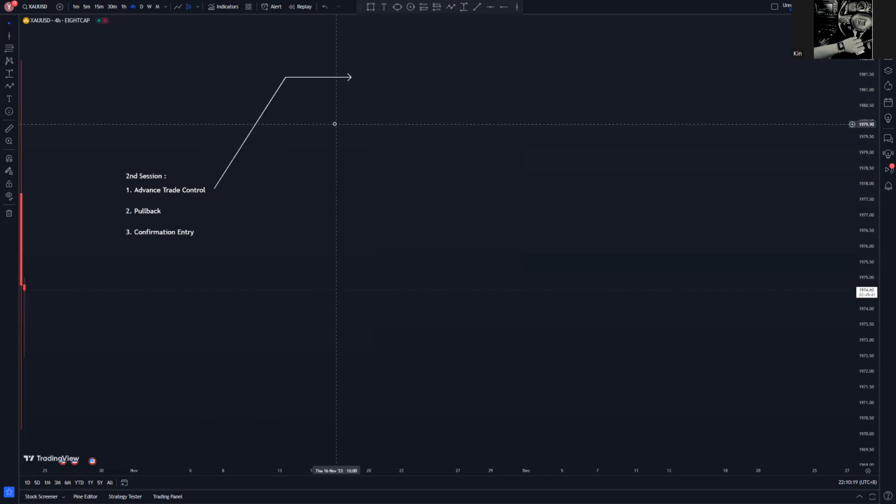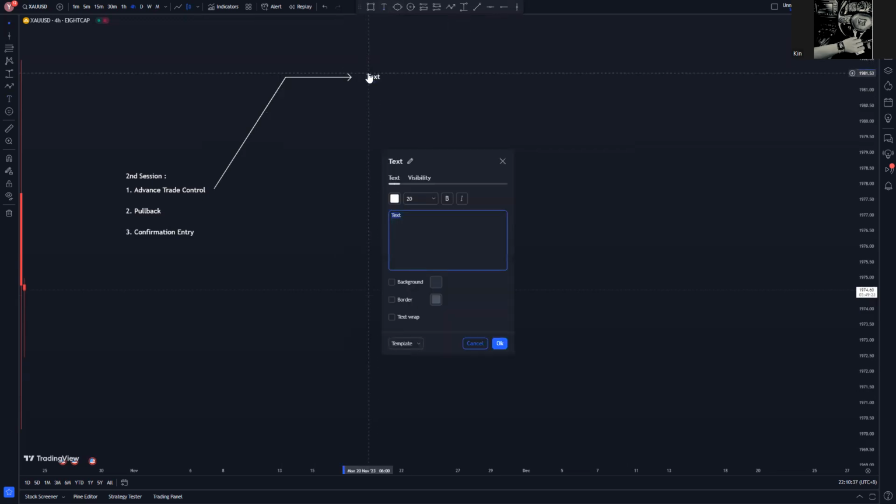As I explained in our previous session, which is our first session, how the trade control works and so on. Today in this session, we're going to go deeper on the trade control, where we're going to learn all 4 types of trade controls. Number 1, completed higher time frame.